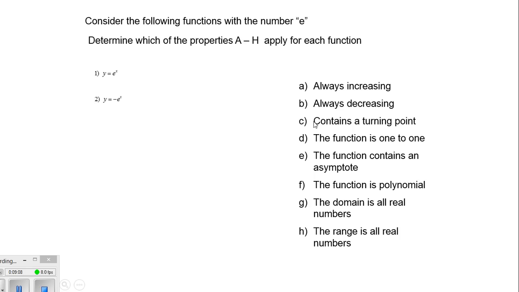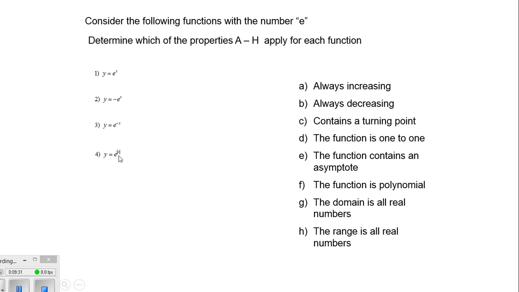So then you should be able to match the properties that it has. This we should see as a flip across the y-axis, which of course forces it to become decreasing, but still preserves its one-to-one nature and still preserves its domain and its range.